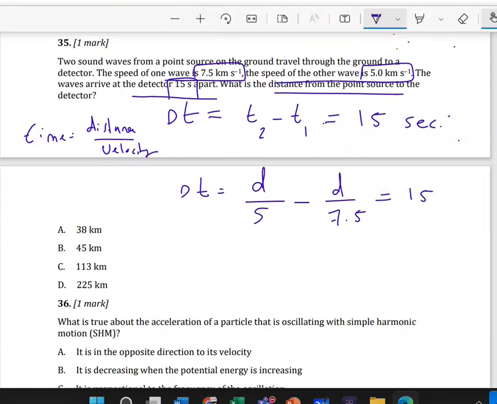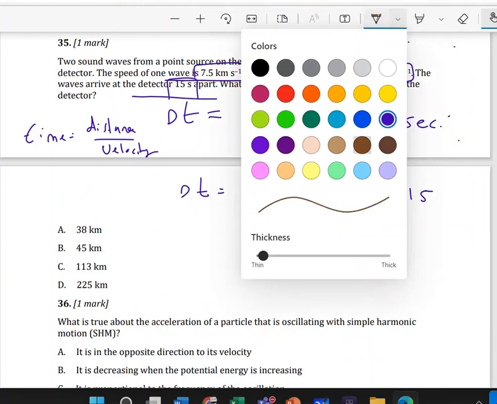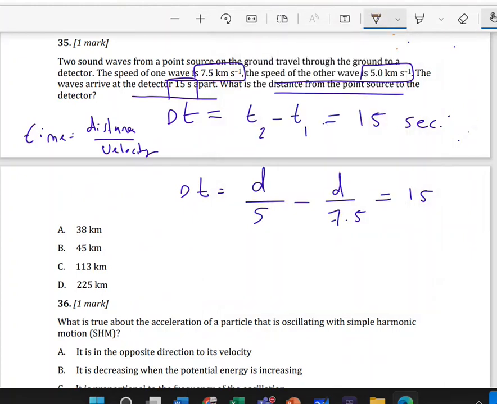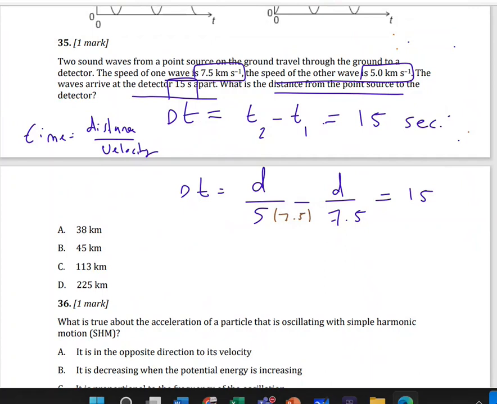To do this calculation, they have to have the same denominator. So I multiply by 7.5 here and by 5 there. If you multiply the denominator by a number, you have to multiply the numerator by the same number.